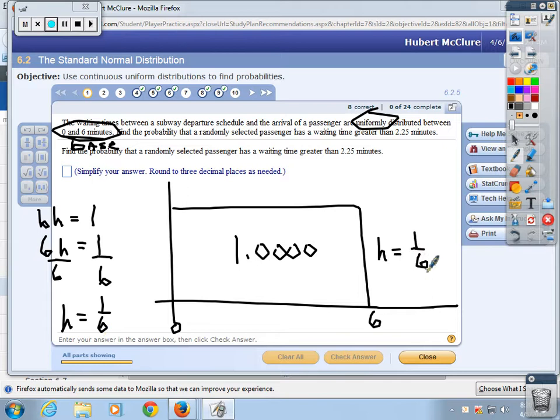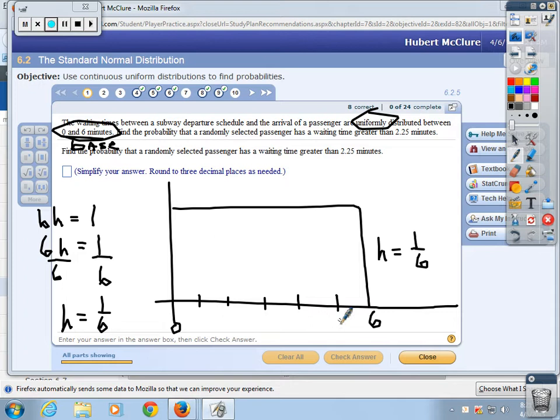Now, the base is equal to 6. The height is equal to 1/6. So now I'm going to erase the 1.00. So we've got to draw on the 1 minute, 2 minutes, 3 minutes, 4 minutes, 5 minutes, 6 minutes.